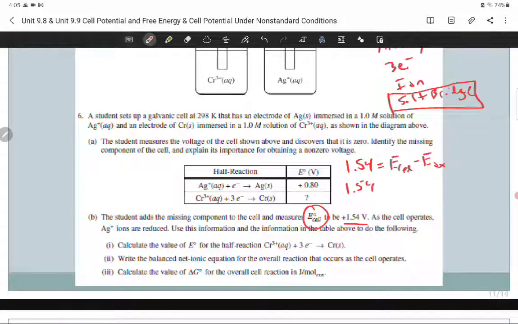Now we have to figure out where we're going to put all these numbers. I think we're going to have to put it in this spot. And I think if we do that, we're going to get negative 0.74 volts.